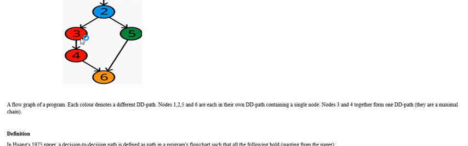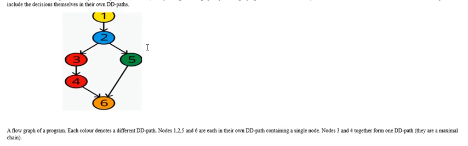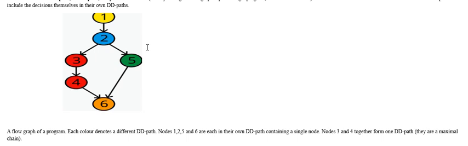Nodes 1, 2, 5, 6 are each their own DD path containing a single node. This is 1, 2, 5, 6. Nodes 3, 4 form one DD path, which is the maximal chain, because this is the longest chain here, right?